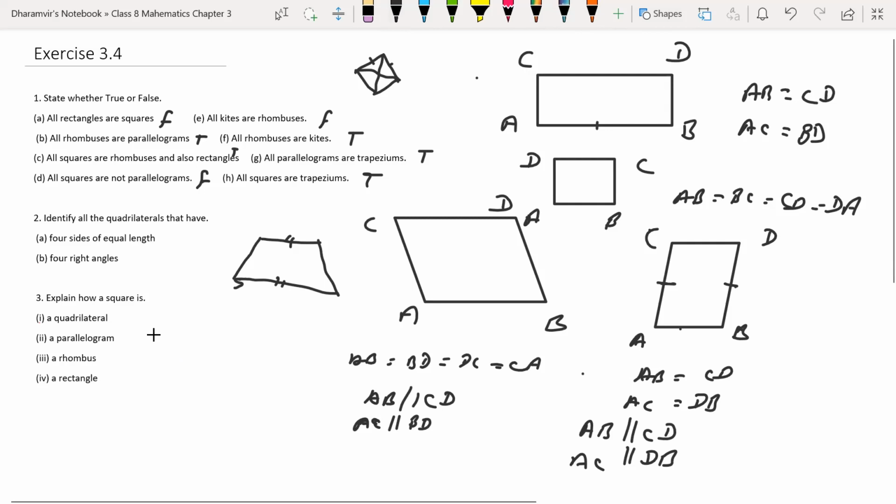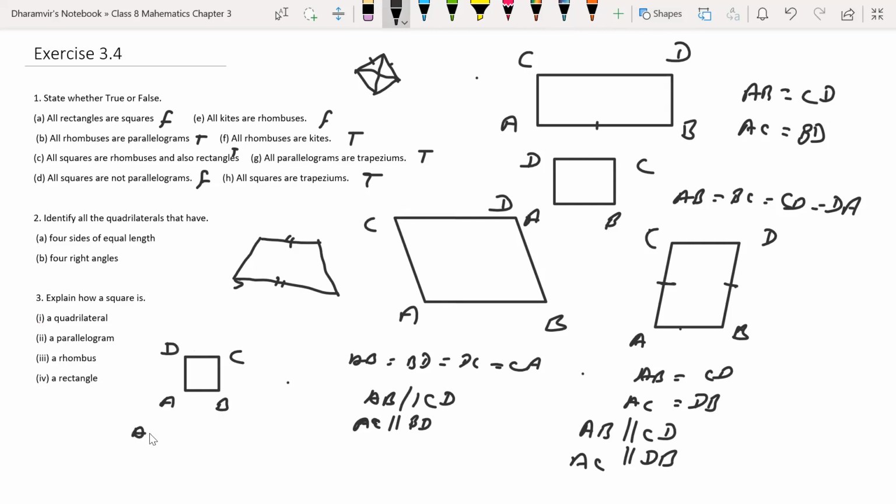Let's consider a quadrilateral which has four sides of equal length. In this, AB, BC, CD, and DA. All sides are equal. All four sides are of equal length.